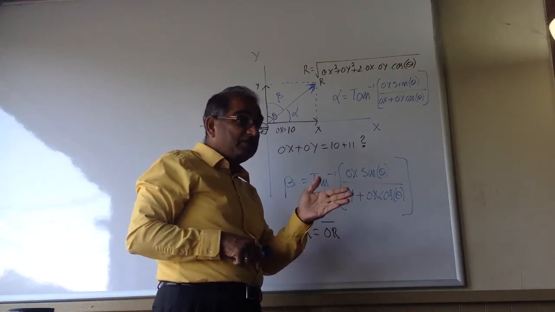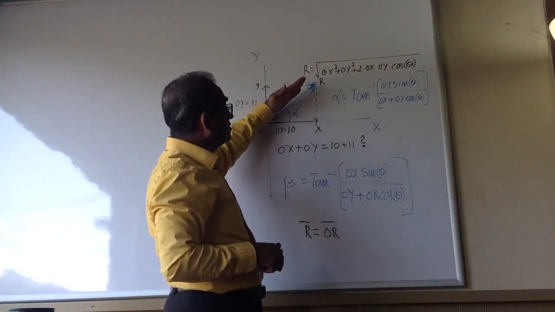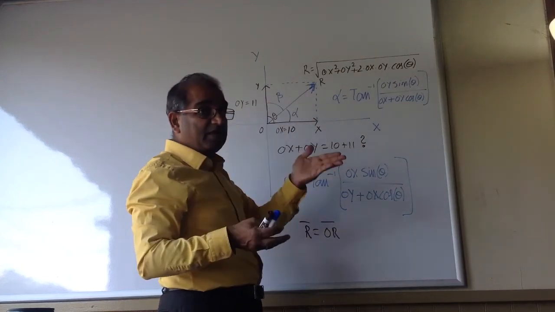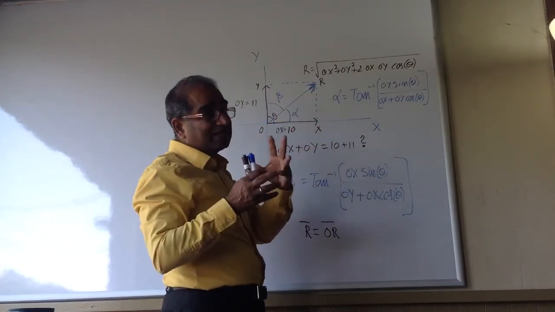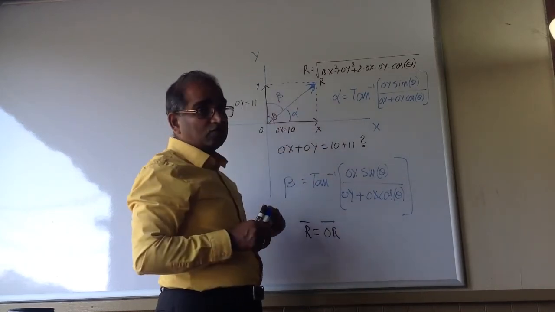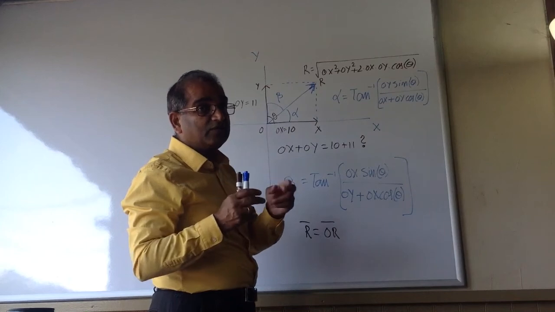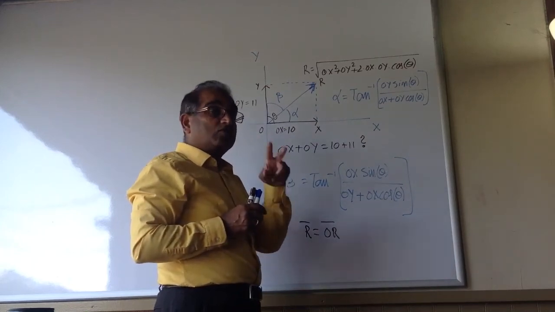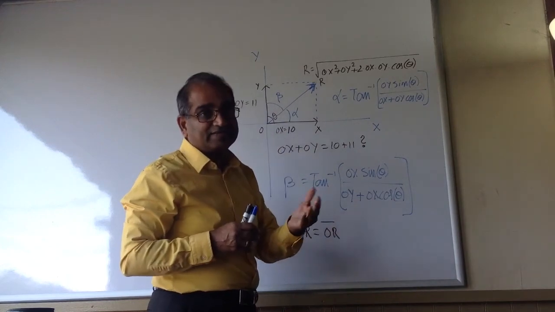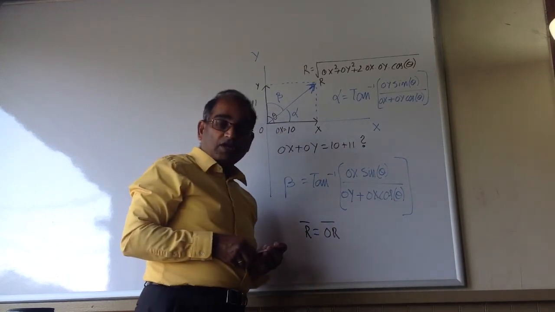In the previous class we resolved a vector OA into its components here and here. Similarly, this OR vector will have its components OX and OY. So when you are adding two vectors, you get a result, and those two vectors are the components of the resultant vector. We'll continue our talk in the next class.